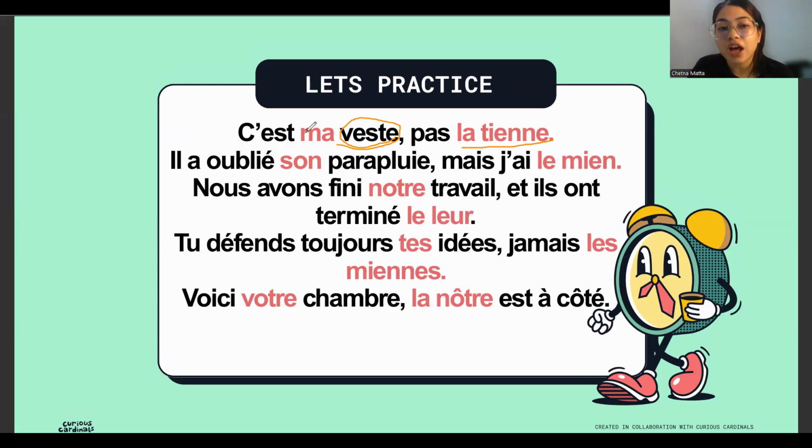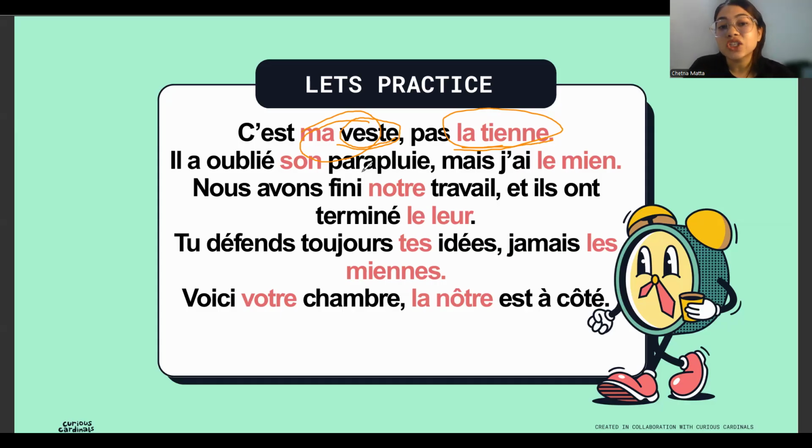All we have done is replace this whole thing with this, right? So whenever you feel that there is no noun and you have to replace something which is actually a belonging, you are always going to use the pronoun possessive. And whenever you have a noun, you're going to use the adjective possessive.